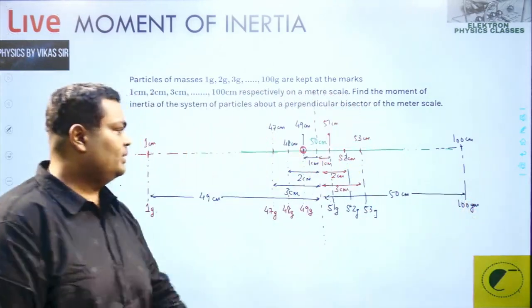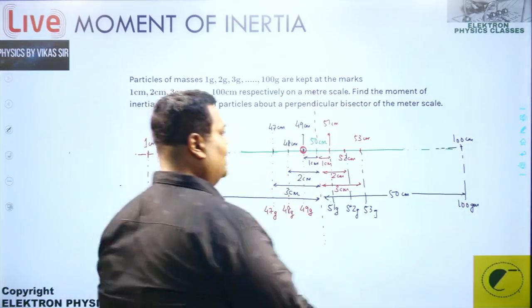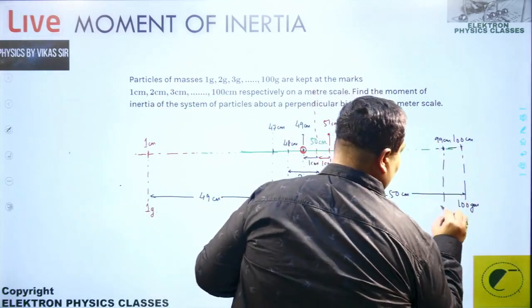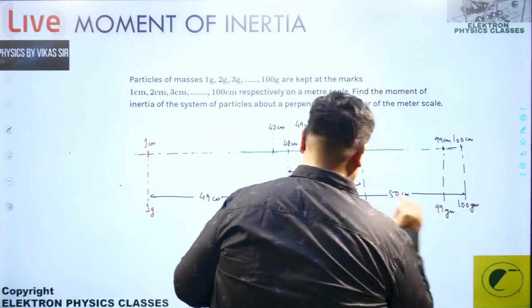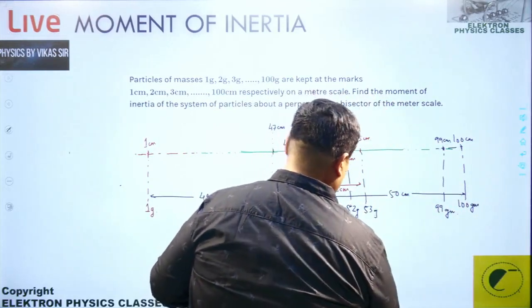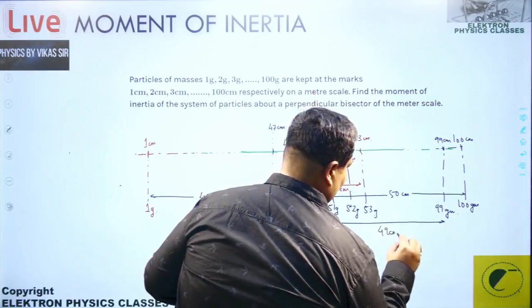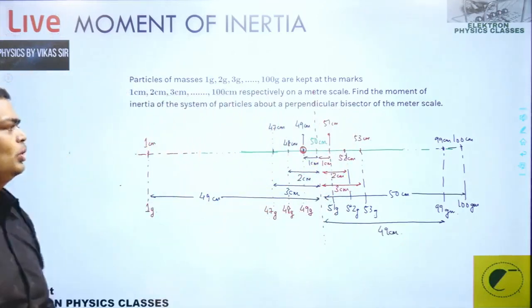And there is a particle here at 99 centimeter, having the mass 99 gram, and the distance of that particle is 49 centimeter. That's the whole arrangement.